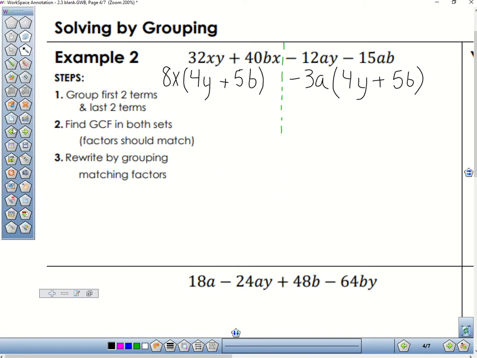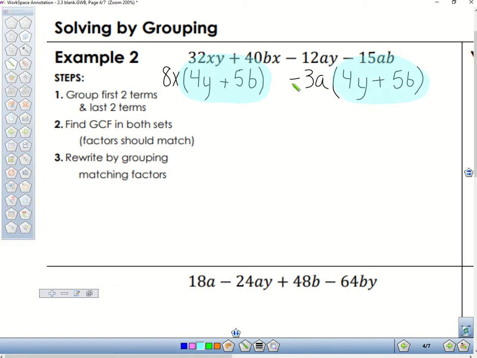So now that you've seen that, let's say I erase this dashed line here. Now we just have a somewhat factored expression. Both of these expressions have a term in common. It's just probably not one that you see very obviously. Both of these expressions have this term right here. You see that?